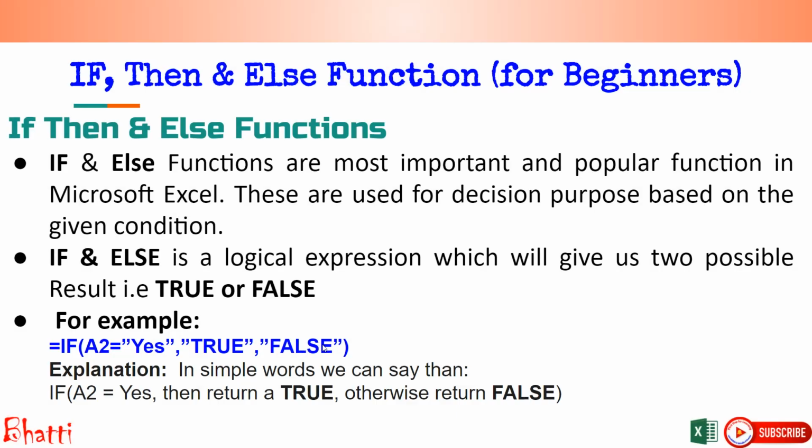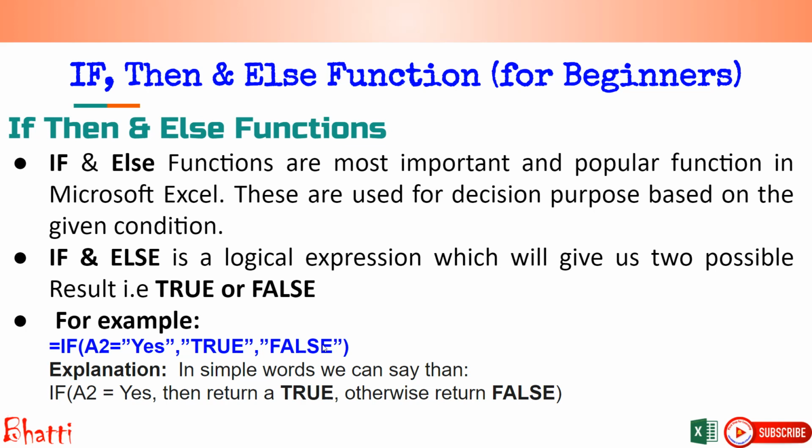The if then else function, as I mentioned earlier, is a logical expression which will work based on the given condition. If the condition is true, then it will do something. If the condition is false, then this function will do the other thing.